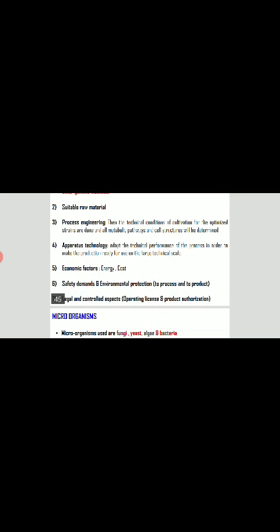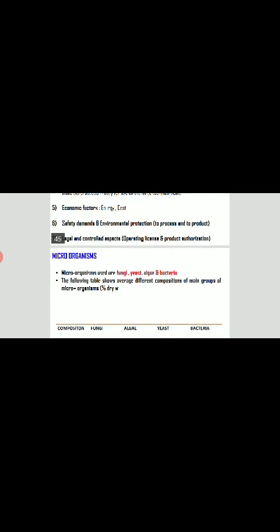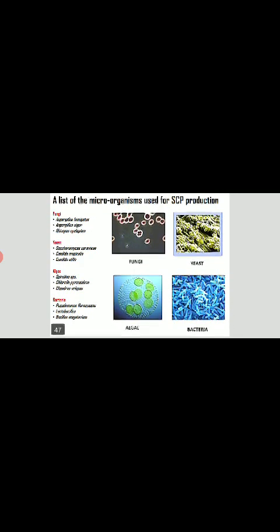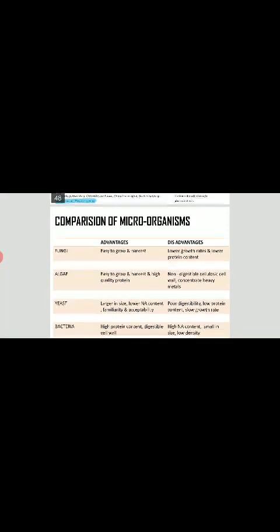How the production of single cell proteins takes place, which involves microbial screening, suitable raw material, process engineering, apparatus technology, and safety demands, and on the basis of that, different microorganisms are used in single cell protein production, how they perform, the comparison of microorganisms, and how advantageous and disadvantageous they are.